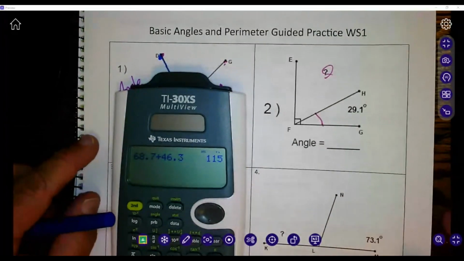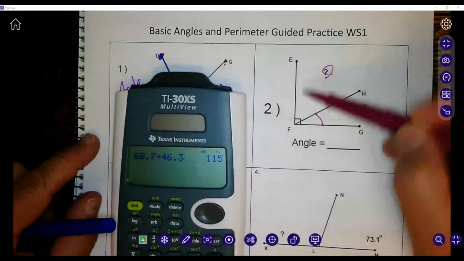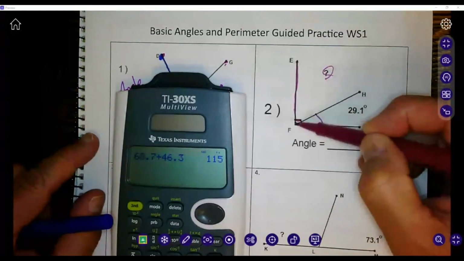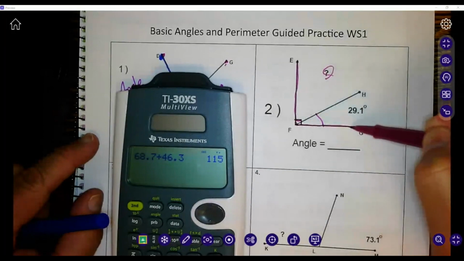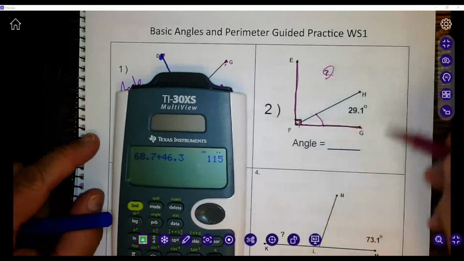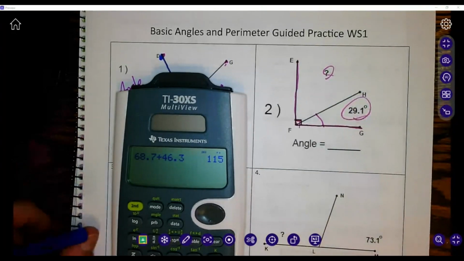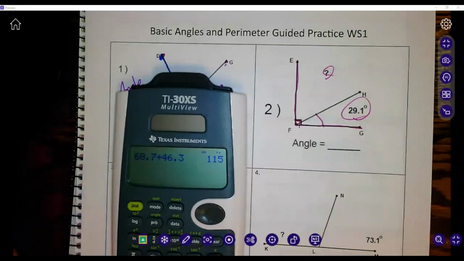Okay, we're looking at our picture and we have this right angle mark right here, which means that the big angle is 90 degrees. So in order to find this angle, what kind of operation are we going to have to do? Subtract, all right? Correct. We're going to have to subtract.